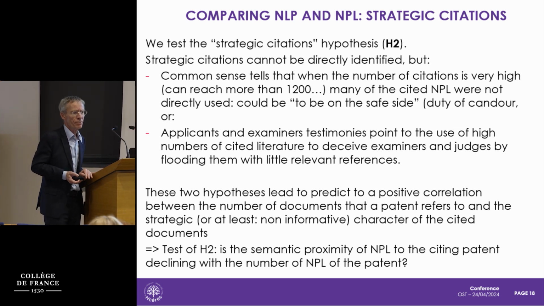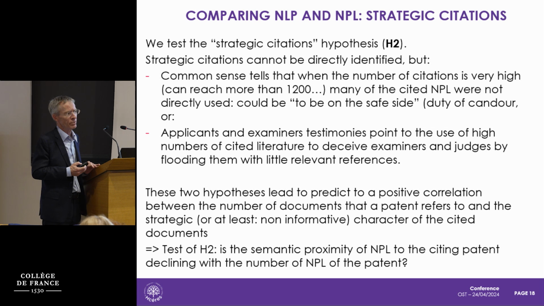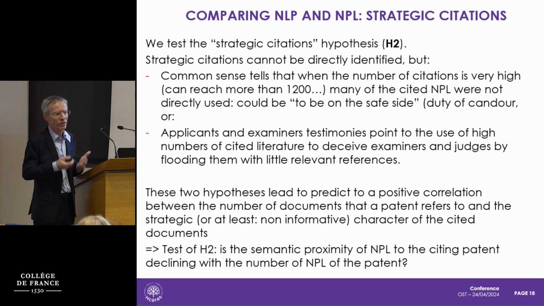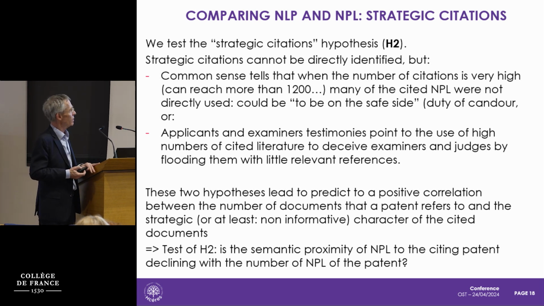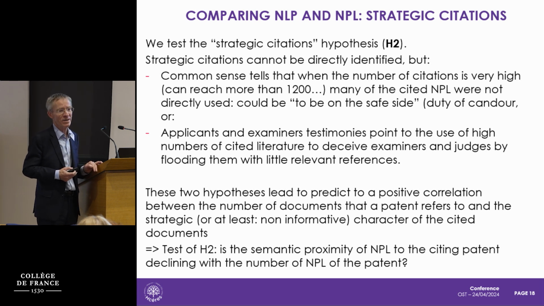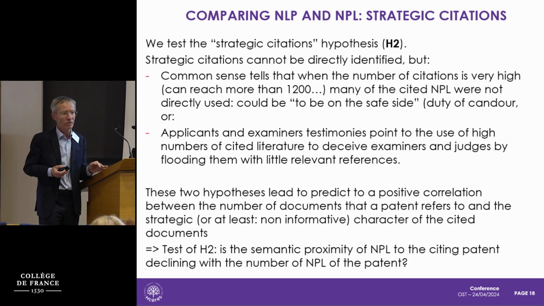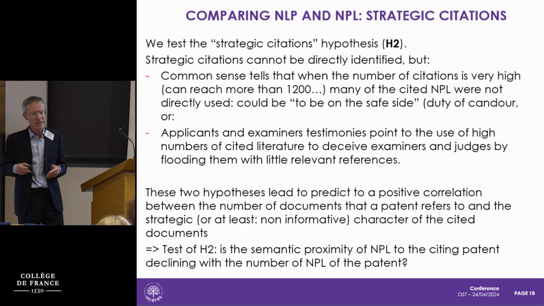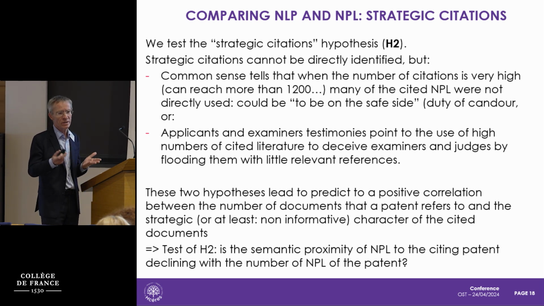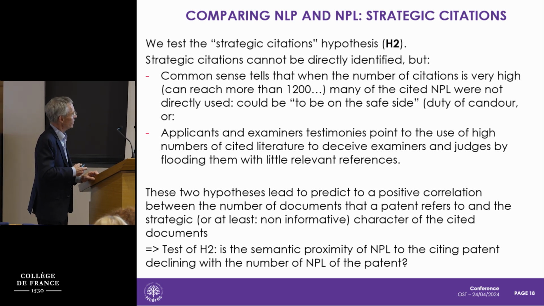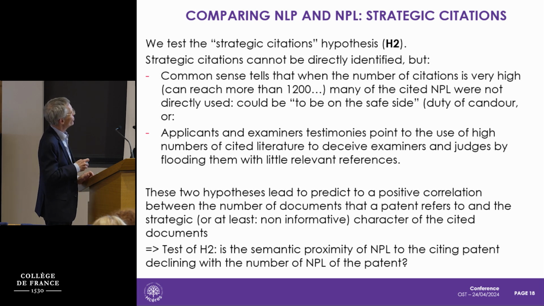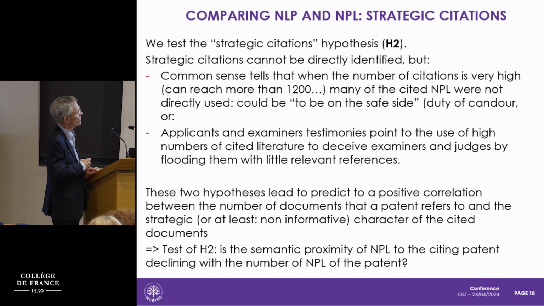Essentially, applicants, because we have data from the applicants here, will flood the patent office with data. We have one patent with 1,200 NPL, sorry, in the CRISPR domain. So nobody will believe that the inventors read all these. So clearly it is something that is a bit uninformative and probably coming with a purpose.